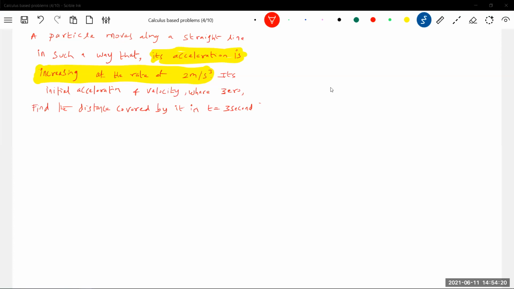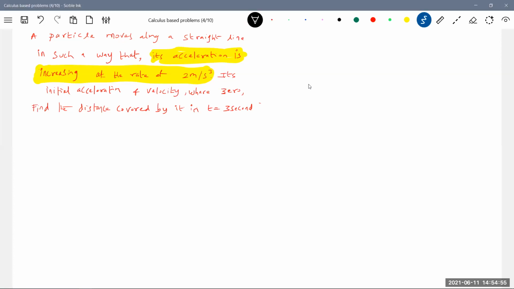Okay, fine, agreed. dA by dt is what? 2 here.